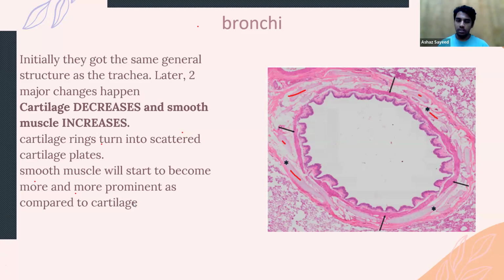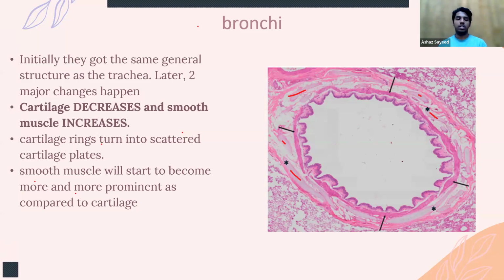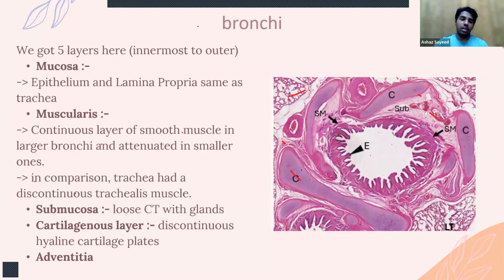As we reach the bronchioles, we skip the cartilage, and all we have is a thick layer of smooth muscle. So now we have 5 layers again. We have the mucosa, which has the epithelium and the lamina propria, the same as the trachea.